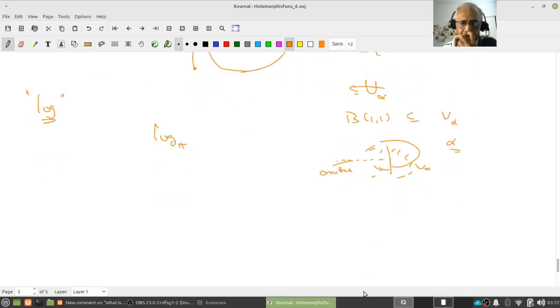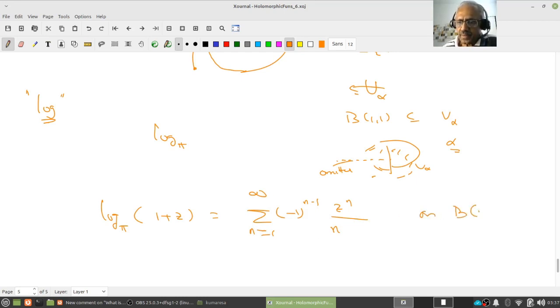So I am going to say log pi of 1 plus z equals exactly the same formula, the sum of minus 1 to the n plus 1, z to the n by n, for n greater than or equal to 1, on B(1,1). This is the theorem if you want.